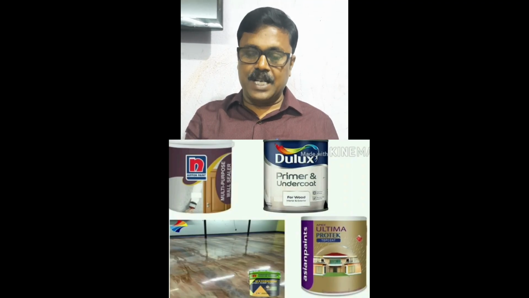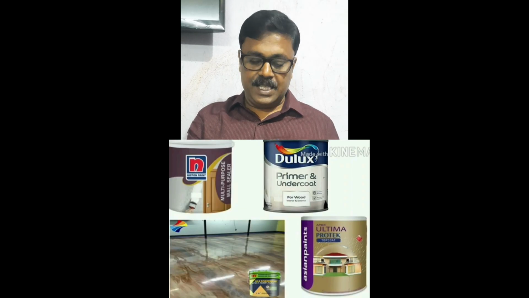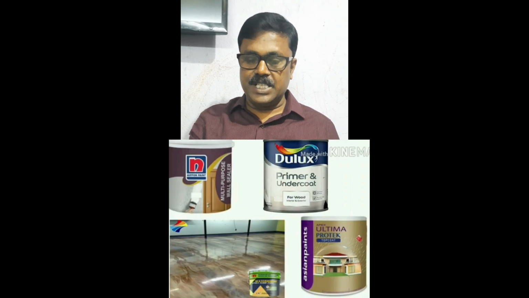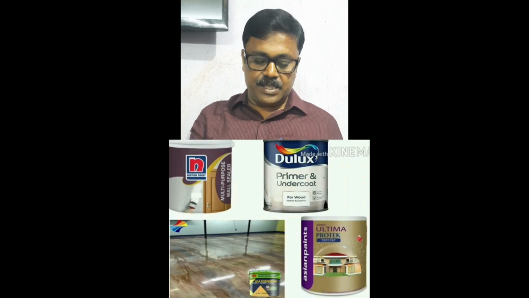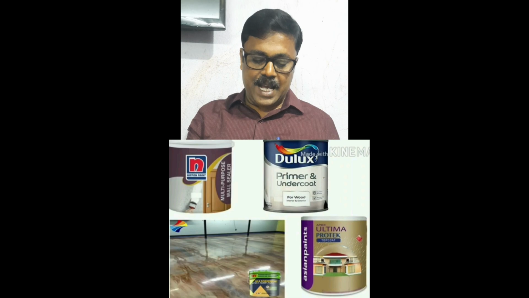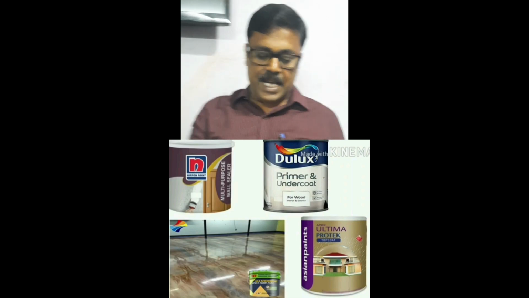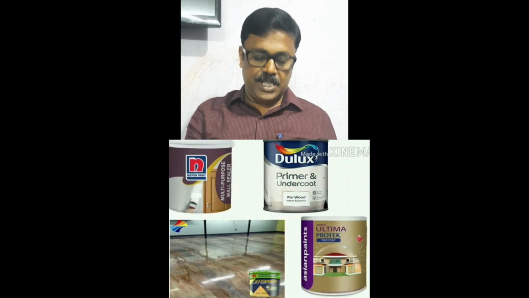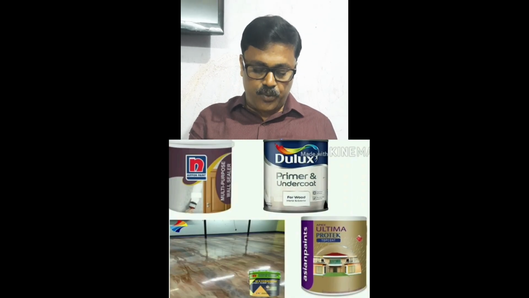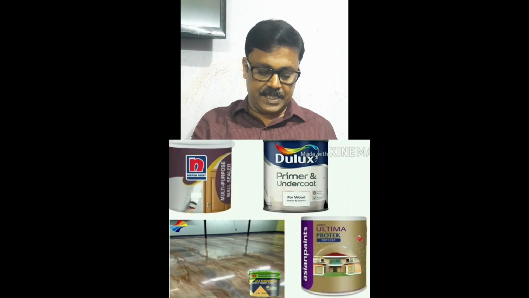Based on the exposure, there are two types of paints, that is interior coating and exterior coating. The interior coating is for aesthetic property, damp-proof prevention, washability, and low VOC, and it is good for health, with no health risk.